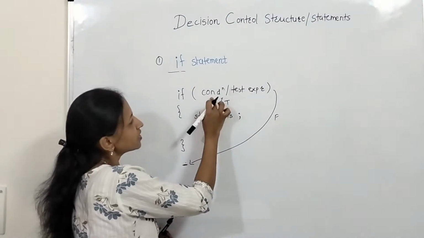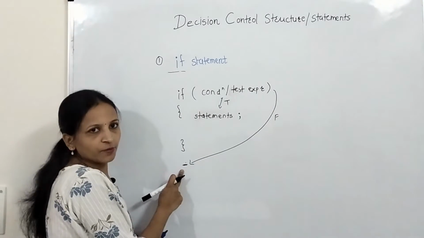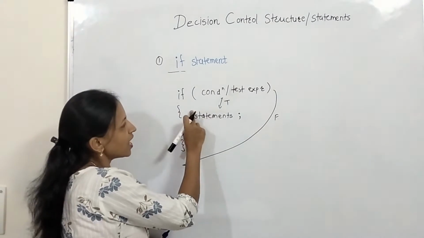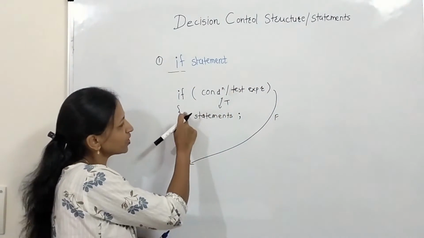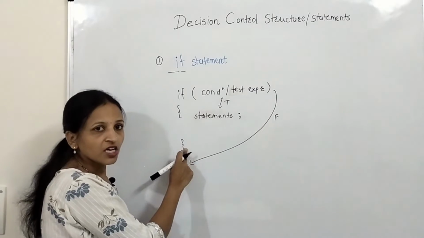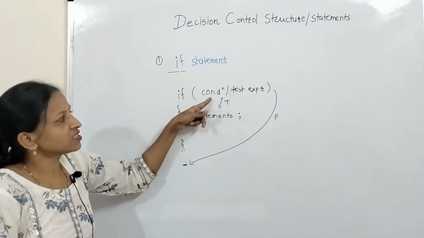And if the condition is true, then it will execute all these statements and then control will come here. If the condition is false initially, then it will directly come here and will not execute this block. We are skipping this block depending on this condition.